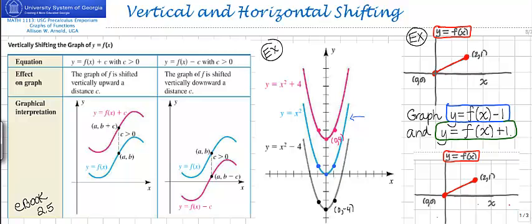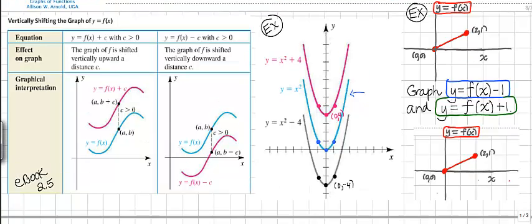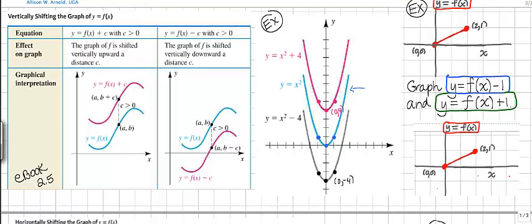So keeping that in mind, let's take a look at a graph that I've drawn for you that is a line segment going through (0, 0) and the point (2, 1). We'll call this y equals f of x. If I wish to graph y equals f of x minus 1, notice it's f parenthesis x parenthesis. That's the original function. The minus 1 is outside the parentheses.